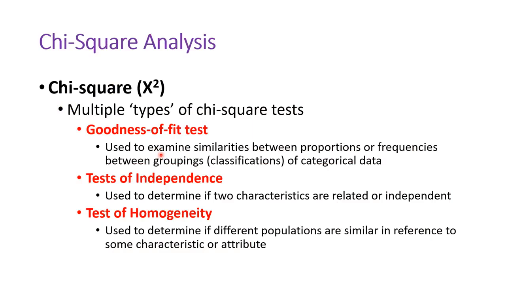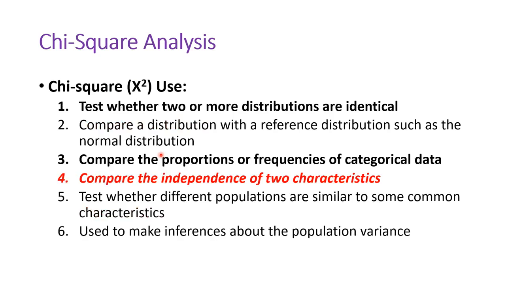The chi-square test can actually be used to look at a variety of things. We can use it to see if there's a goodness of fit, so to look at distributions, a test of independence, a test of homogeneity, right? But what we normally use it for is to compare the independence of two characteristics.